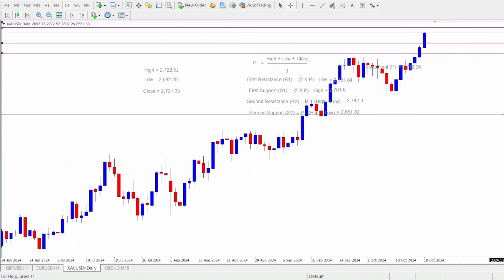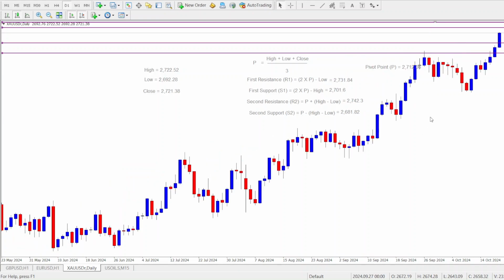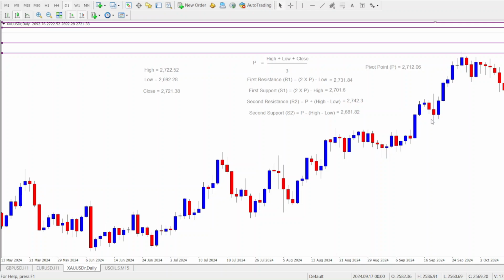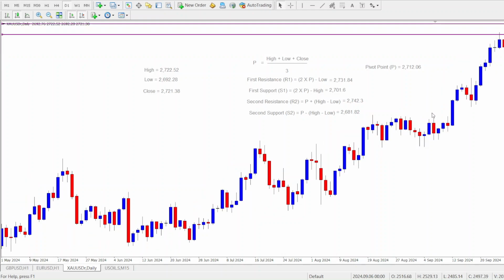That is how the pivot point works. When prices approach these levels, they might either reverse or break through, giving you signals for entering or exiting trades. By using pivot points, you can predict potential market turning points and refine your trading strategy, which can help you get more precise trade setups.